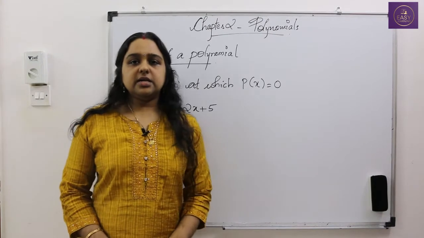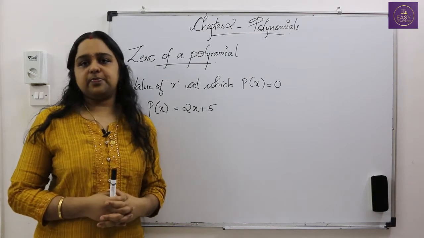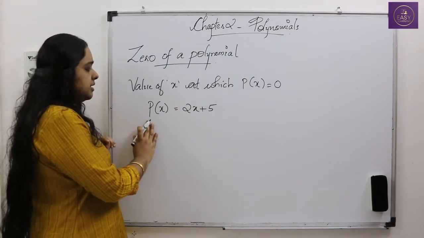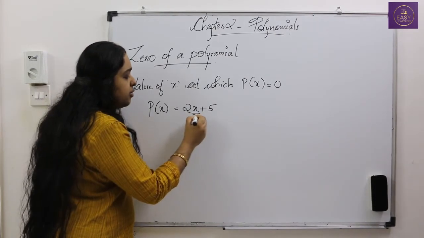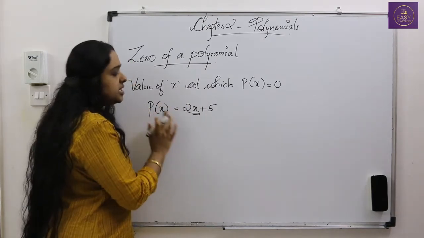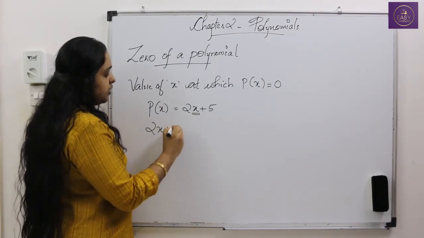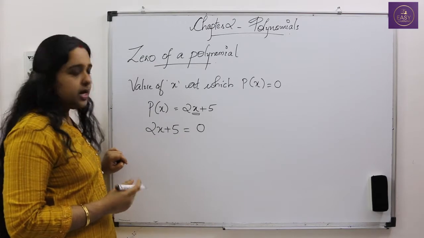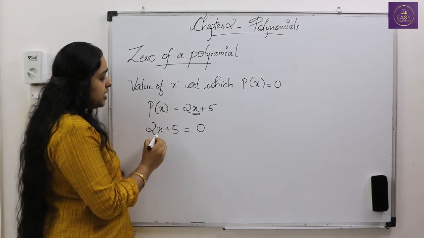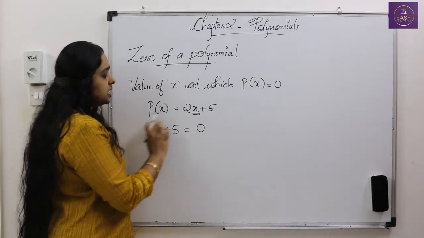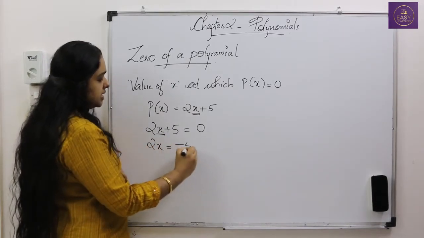Okay, now let's discuss about 0 of a polynomial. 0 of a polynomial is the value of x at which our polynomial becomes 0. I'll tell you an example. Suppose we have a polynomial p of x equals 2x plus 5. We need to calculate the value of x at which this p of x will become 0. So what we have to do? First we have to equate this p of x with 0. So 2x plus 5 equals 0. 2x equals minus 5.